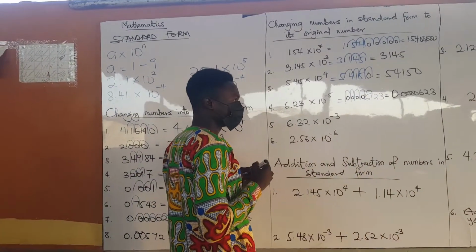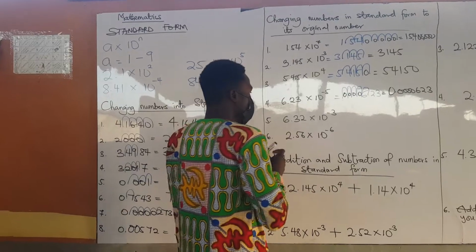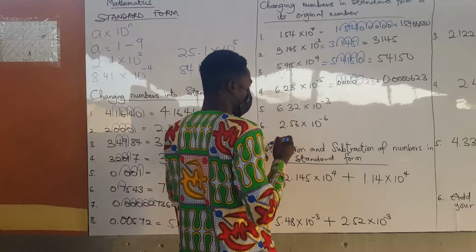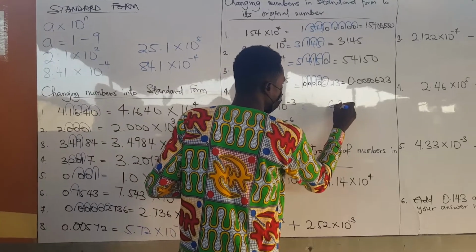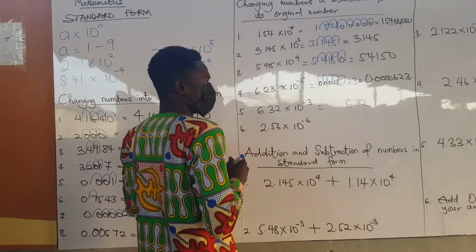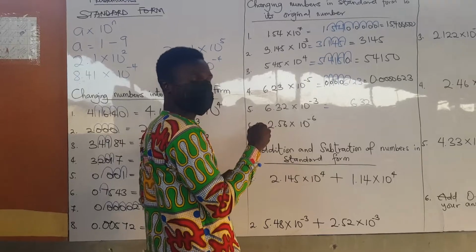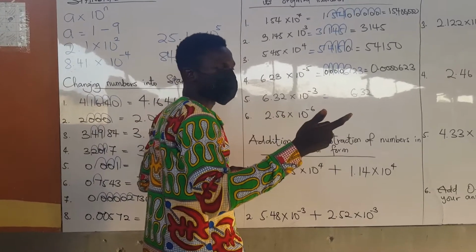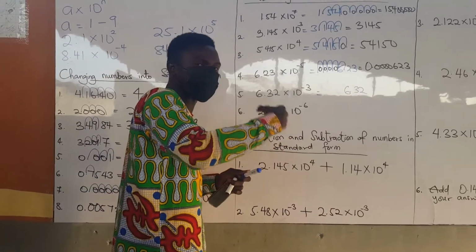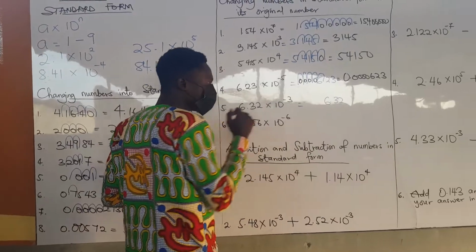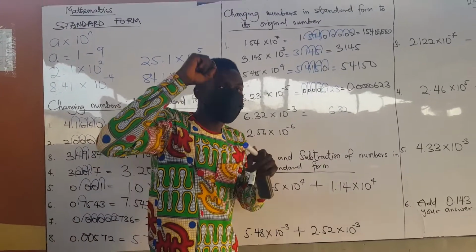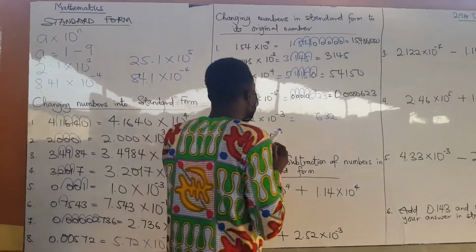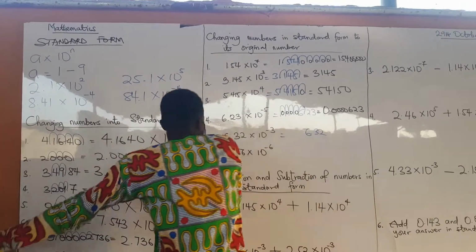Let's look at the number 5. We have 6.32. We are changing this into its original number. Consider the power of 10. The power of 10 is negative 3. So because it is negative, we have to move to our left.